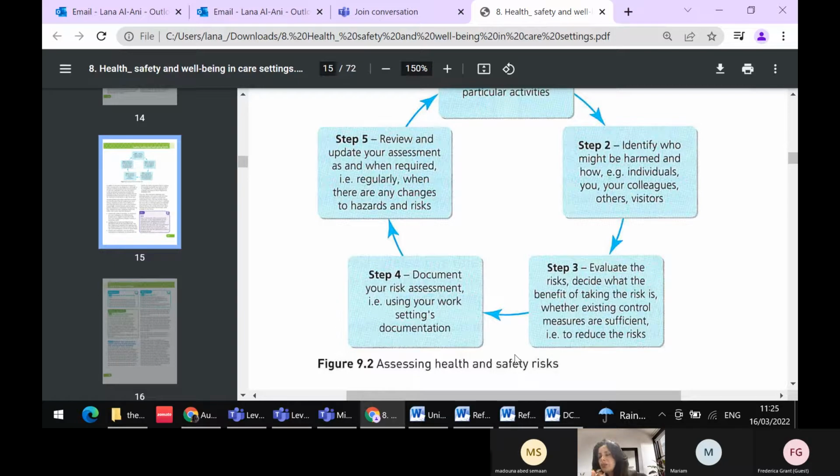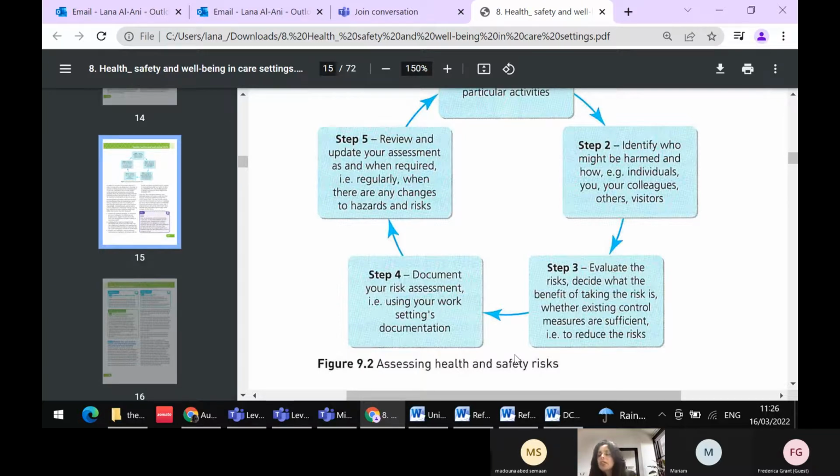Is it beneficial to do this activity, or is there just risk for no benefit? If there is no benefit, I wouldn't do it. But if there is any benefit, I should do it anyway, but make sure that I have proper training to do it, so I do it correctly. So you evaluate the risk and decide what the benefit of taking this risk is.